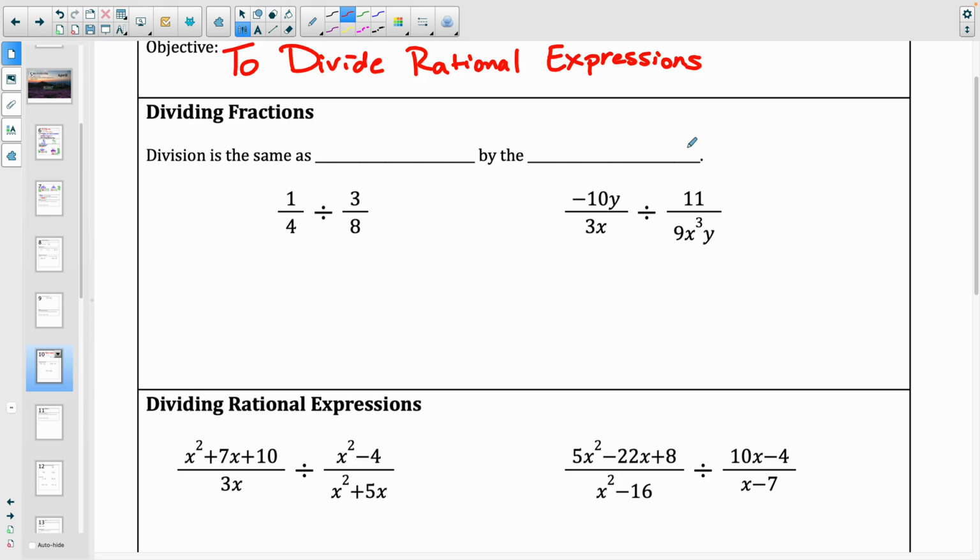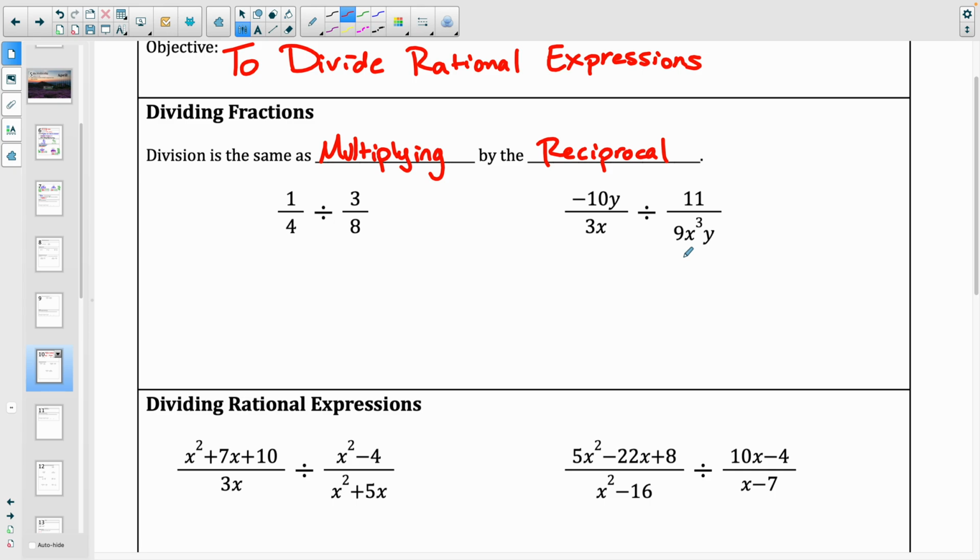So when we divide fractions, remember that division is the same as multiplying by the reciprocal. Okay, so multiplying by the reciprocal, which basically means that we're going to change our division sign to multiplication, and we're going to flip that second fraction.